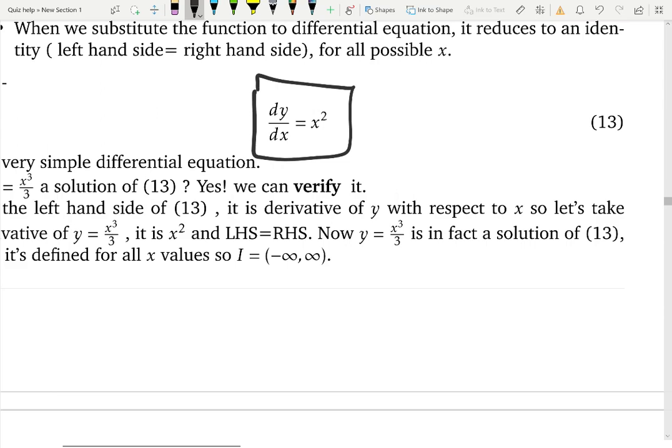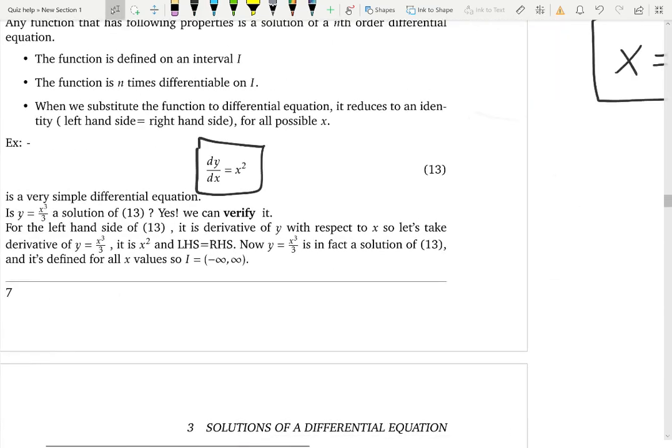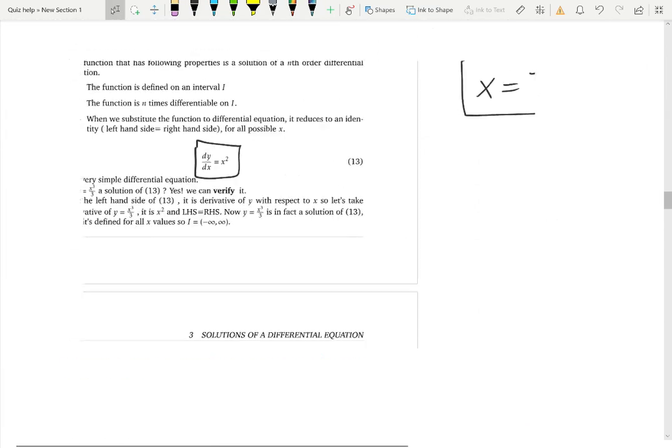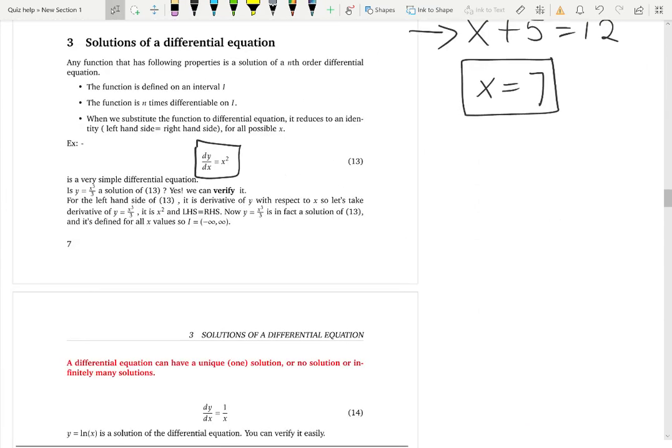That means just one solution, like for this equation, the solution is 7. That's it. Or a differential equation sometimes might not have a solution at all. Okay, so 3 cases.